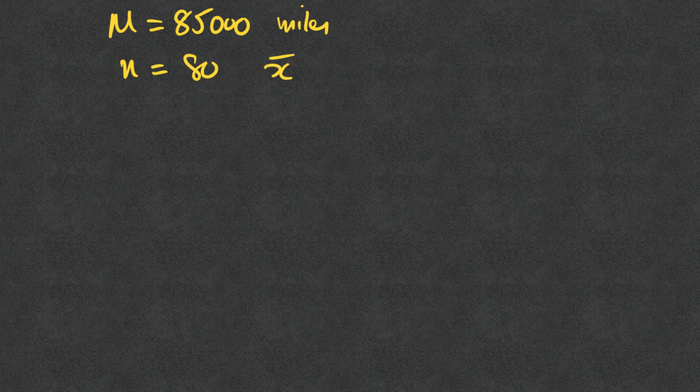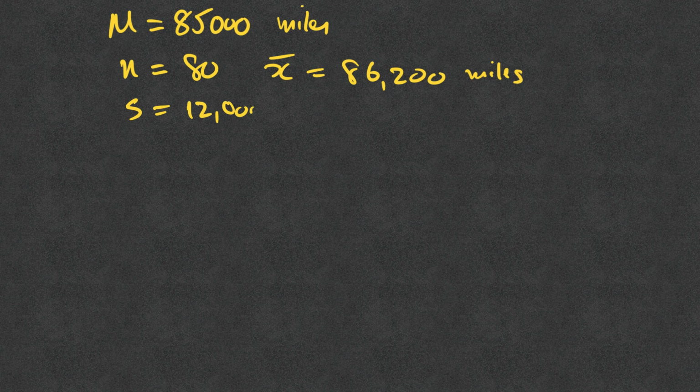We got a sample mean of 86,200 miles, and we're told that the sample standard deviation, S, was 12,000 miles. Okay? So the first thing we need are the hypotheses. Now, to state the hypotheses, we establish what our alternate hypothesis is first, and then the opposite of that is our null hypothesis.